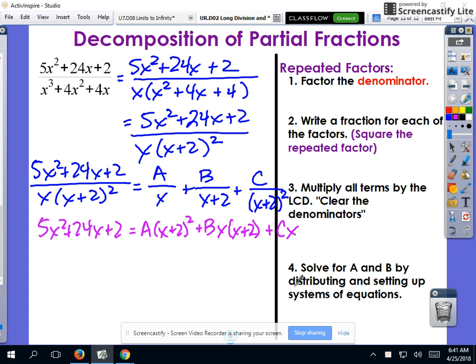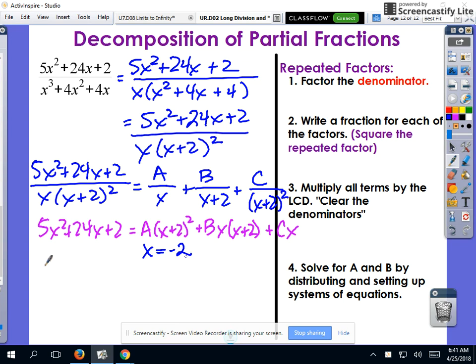For this one, we can still do what we did with roots. I think that might be easiest right now. What number could we use to cancel out this guy? We could use x equals negative 2. That would make A cancel, and it would actually make B cancel. That's nice, so I can figure out what C is pretty fast.